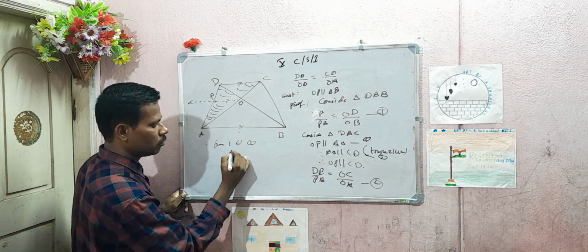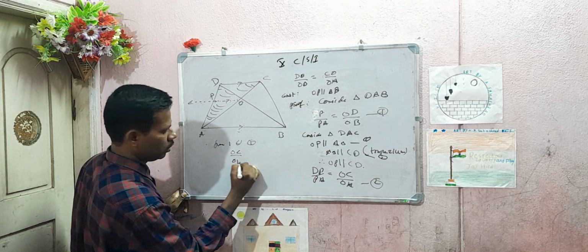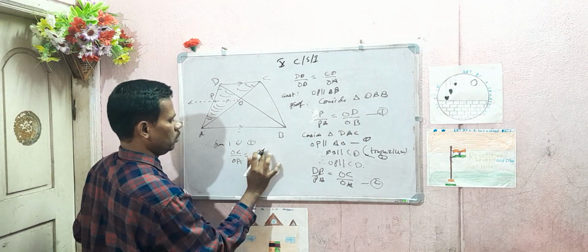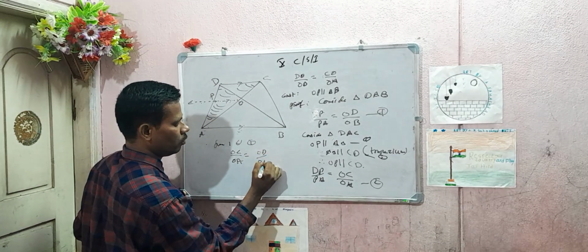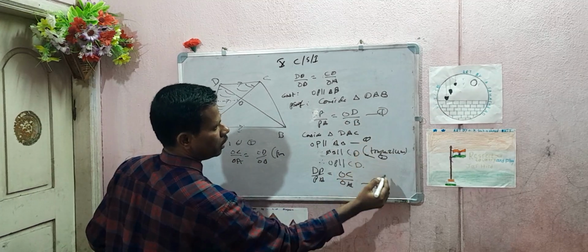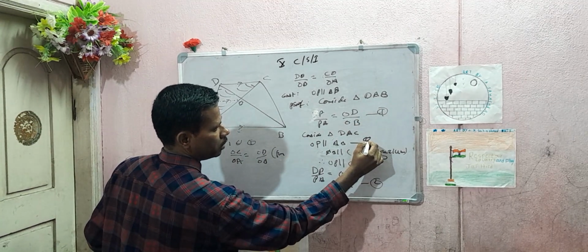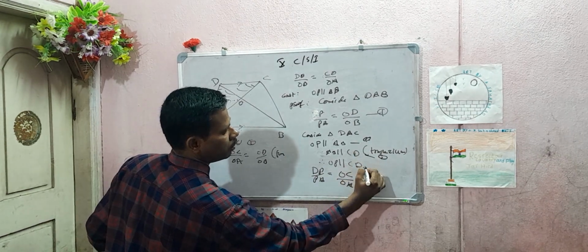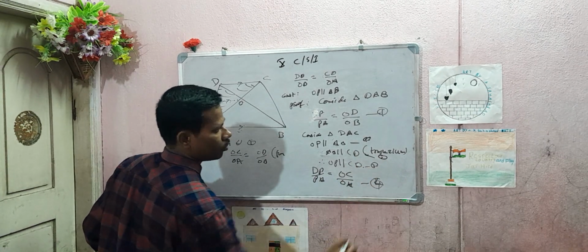DP by PA is nothing but OC by OA, and this is equal to OD by OB. From here you can write 1, here 2, 3, here 4.